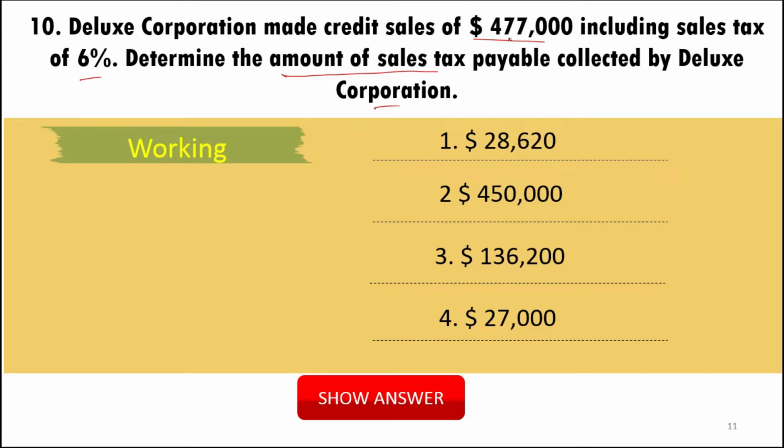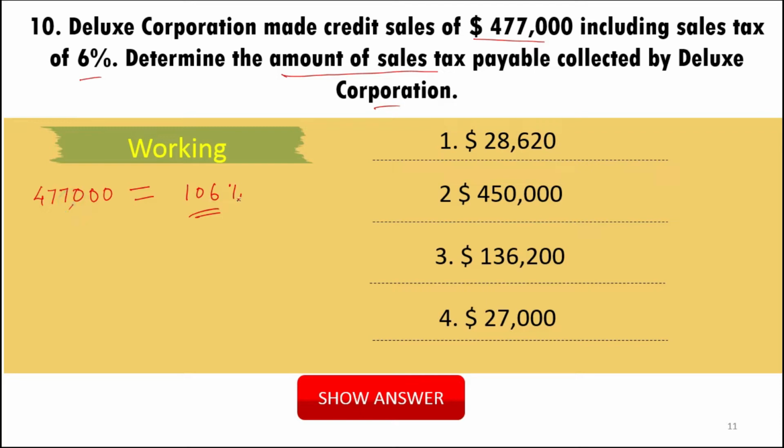So 477,000 is the collection along with the sales tax. 477,000 is actually 106%. Why? Because it is the total, it is the amount of the goods sold plus sales tax.